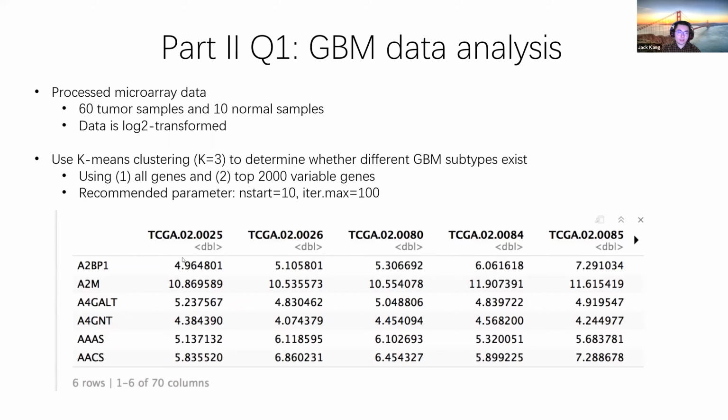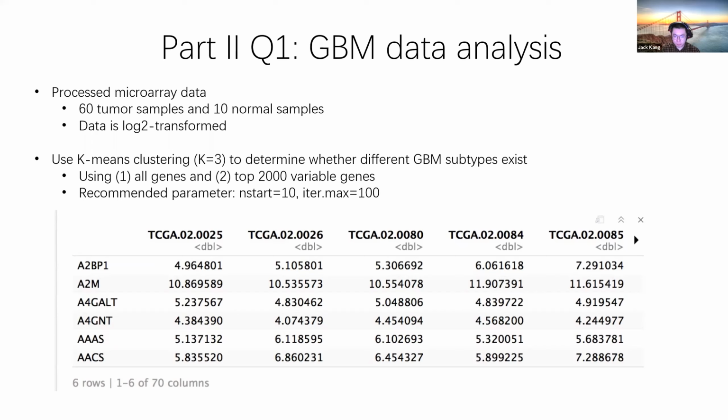So question one asks you to do k-means clustering, separating these 70 samples into 3 clusters to determine whether different glioblastoma subtypes exist.